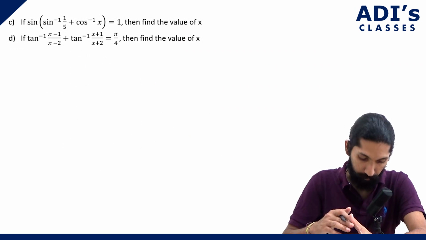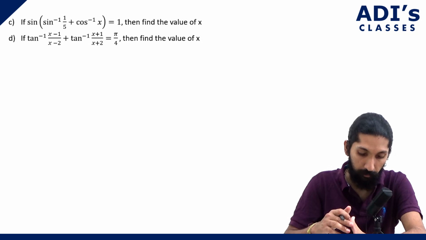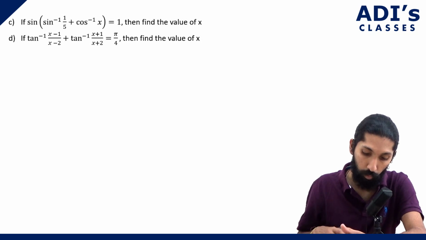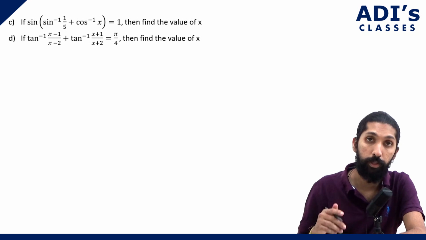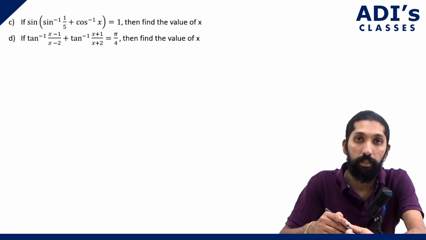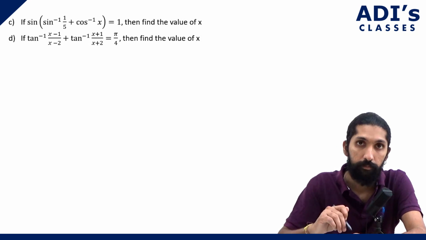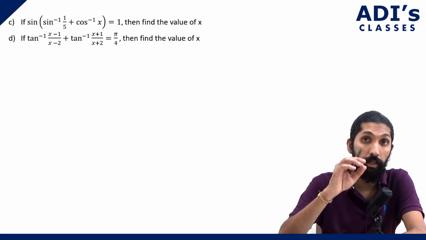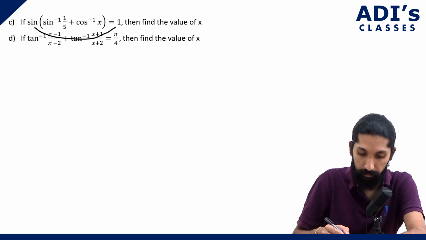See the third one. If sine of sine inverse 1 by 5 plus cos inverse of x is equal to 1, find the value of x. Alright. Like I told you, you have to start from the innermost bracket, but if you see the innermost bracket, it's not going to lead you anywhere. So what you can do is take the sine to this side.